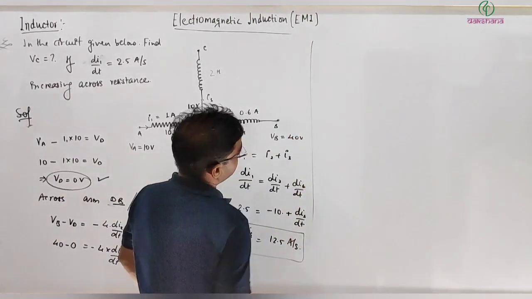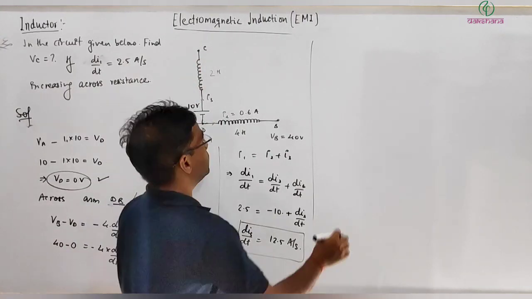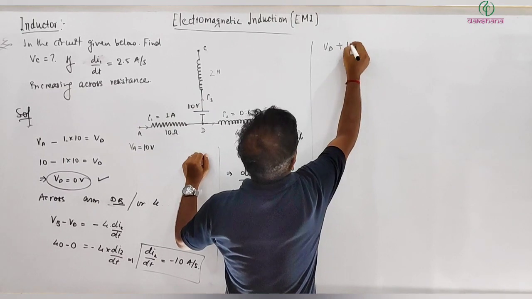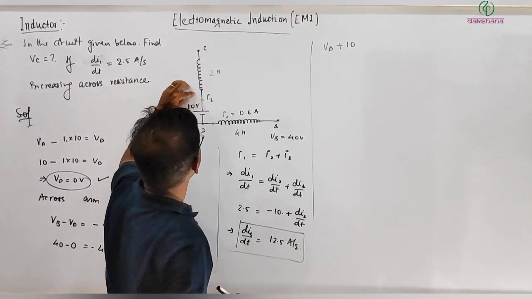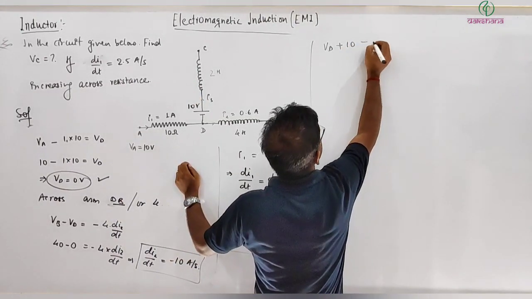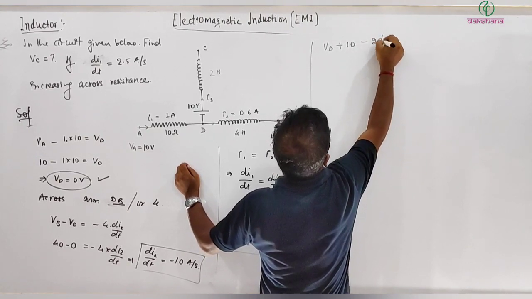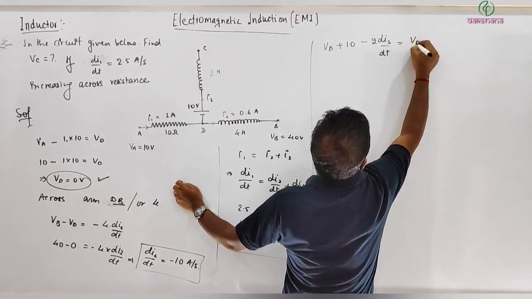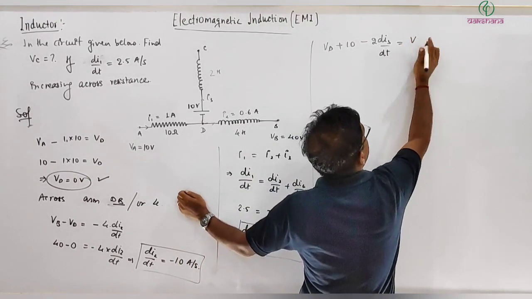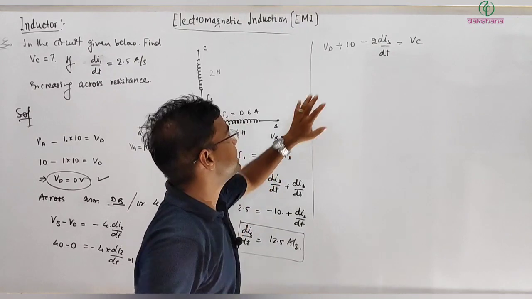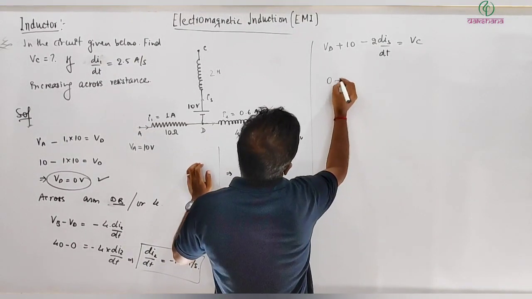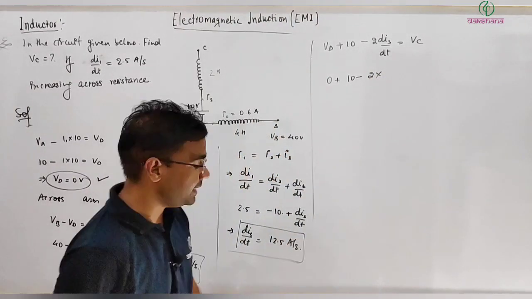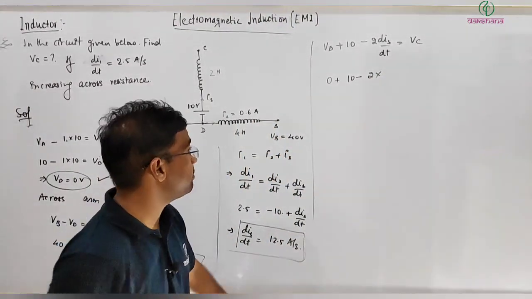Alright, now we can go from D to C. So I can write VD, this is plus 10, and now I'm going in the direction of current, so I will write minus L, that is 2 into di3 by dt, equal to VC. Clear? So first thing is VD is 0 plus 10 minus 2, and di3 by dt is plus 12.5.